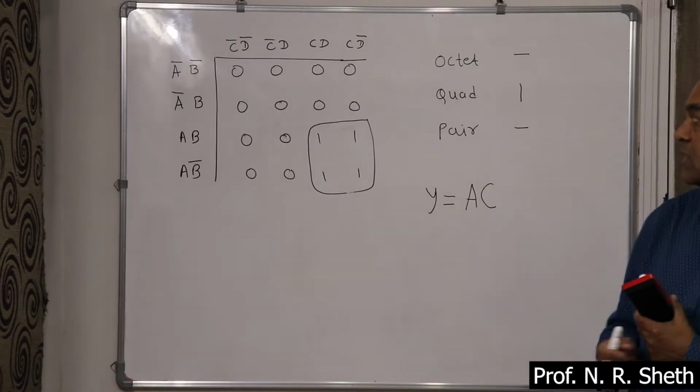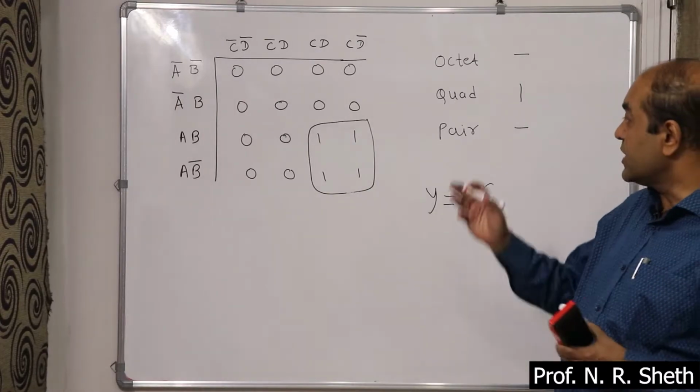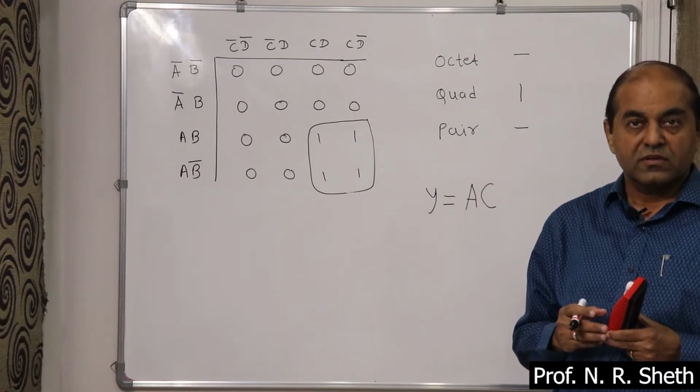These two pairs are said to be unwanted groups because they are already part of this one. Is that clear?